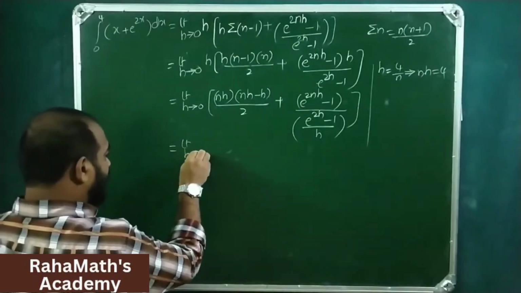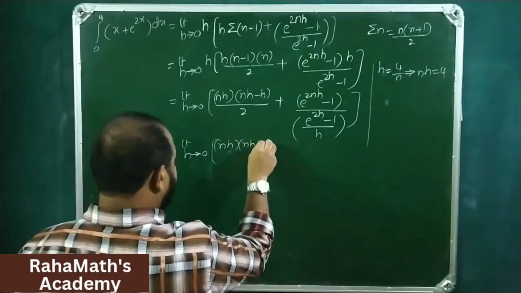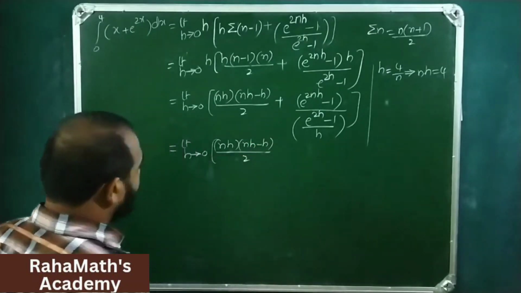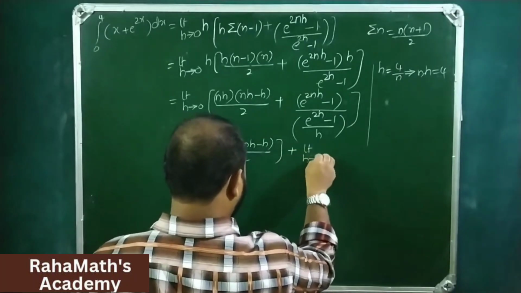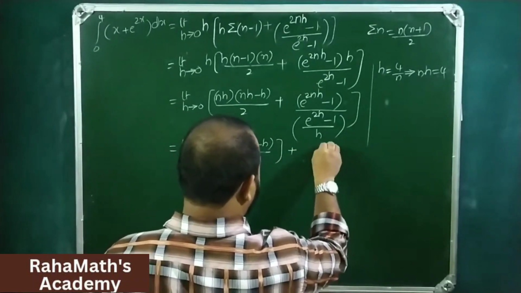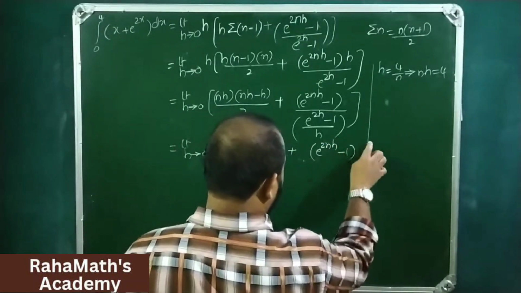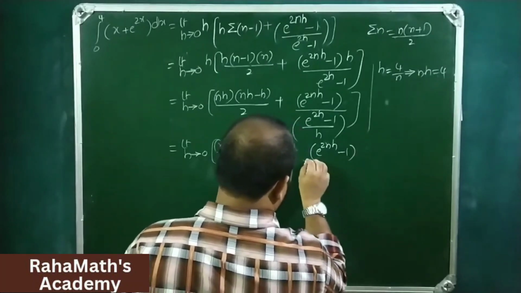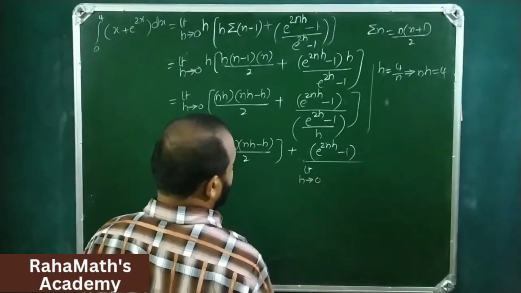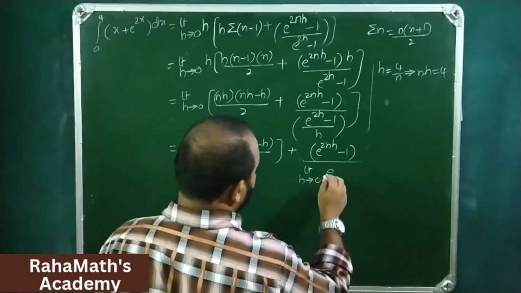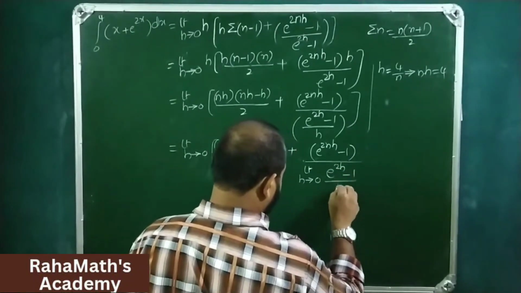So the limit as h tends to 0 of nh into (nh minus h) by 2, plus the limit as h tends to 0 of (e^(2nh) minus 1) into 2n by... this is the limit as h tends to 0 of (e^(2h) minus 1) by h.